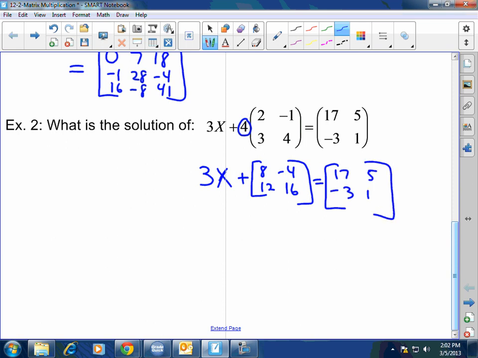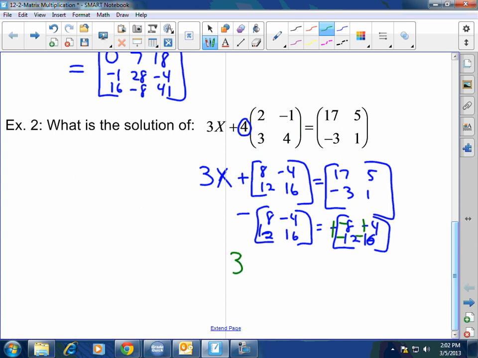I want to solve for x, so I've got to get x alone. So I'm going to subtract this matrix here from both sides. And remember, when I subtract a matrix, I like to distribute that negative everywhere.